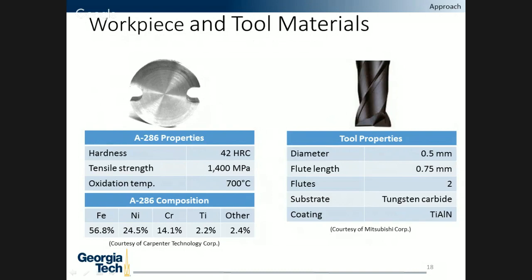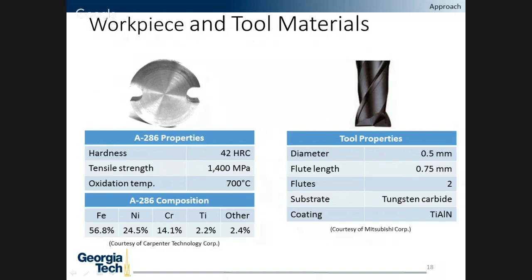Even though it's a very attractive metal to use for engineering applications, it is very difficult to cut due to its very high nickel content, which leads to significant work hardening of the material during the cutting process, as well as low thermal diffusivity, which leads to excessive heating of the tool. It's also known to have many abrasive carbides in it after it's been heat treated, which create a lot of abrasive wear on the tool and tool coatings.